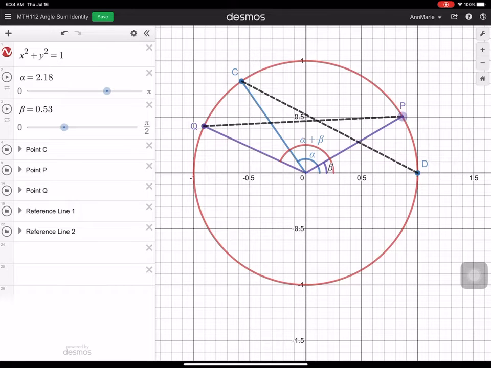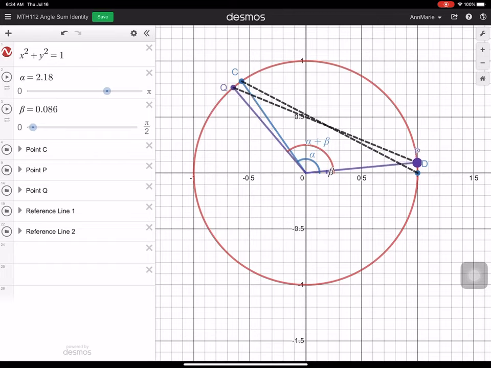So the distance between P and Q is equal to the distance from my original point C to the point D. And let me prove to you that those are indeed the same distance. I'm just going to rotate my PQ triangle up to my CD. And you can see that yes, they are indeed the same distance.